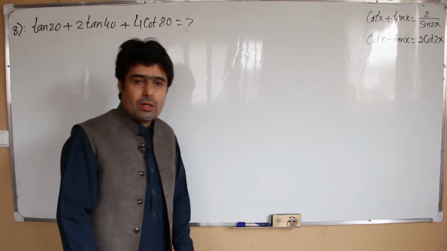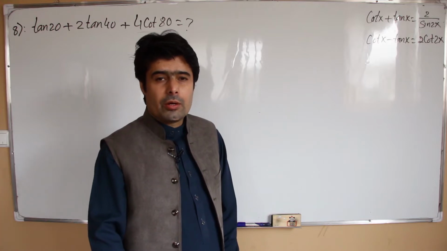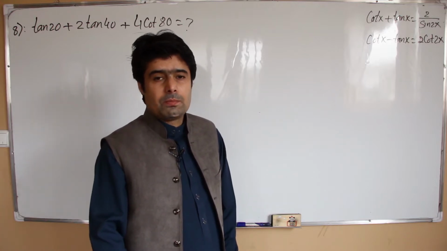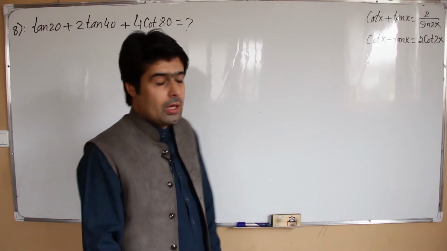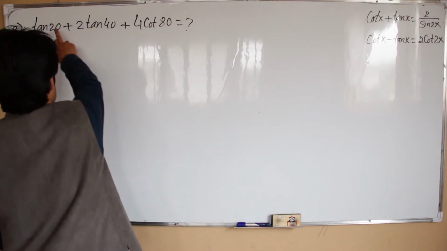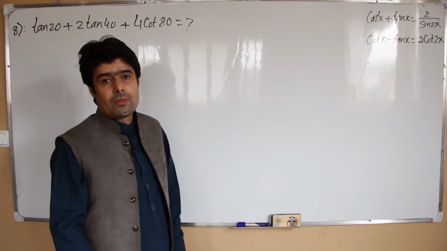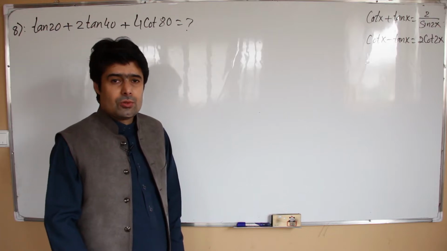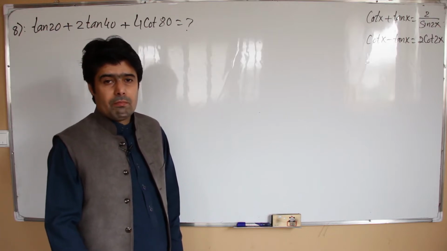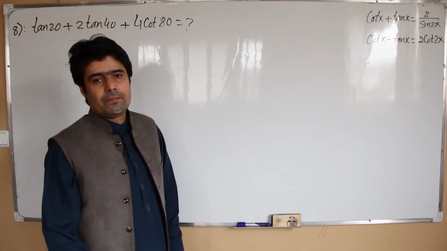In trigonometry, one thing you have to do on every question is to think about the angles first. The angles are different: 80, 40, 20. So you have to make all the angles the same. Whatever trigonometric ratios you have, the angles should be the same.